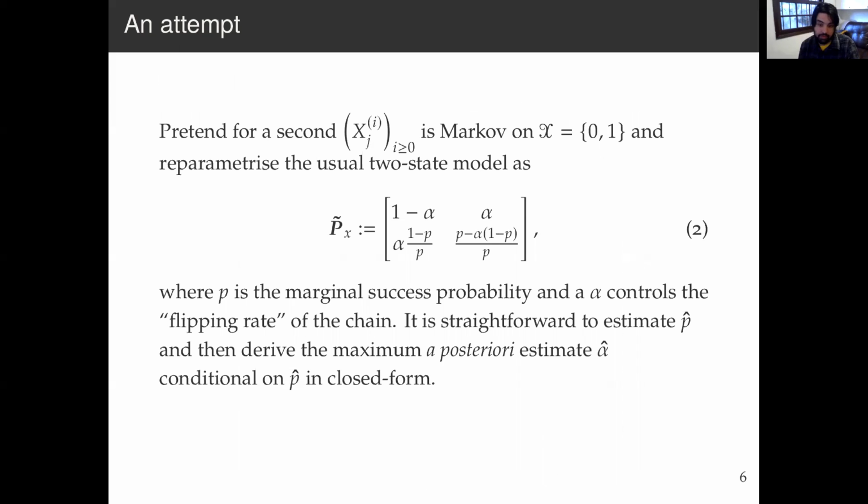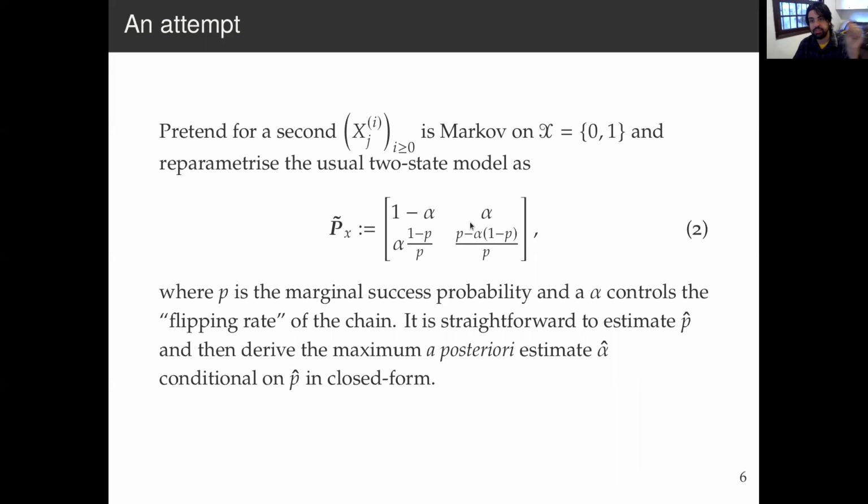So we have a binary process, right? A binary stochastic process. And what happens if we try and model that with a Markov chain, right? And so this is precisely what we're going to do here. We're going to pretend that that process is a Markov chain in 0 and 1. And in particular, we're going to reparameterize the model slightly in that we're going to parameterize it in terms of a marginal success probability or frequency, and a transition probability that controls the flipping rate or the switching rate, right?